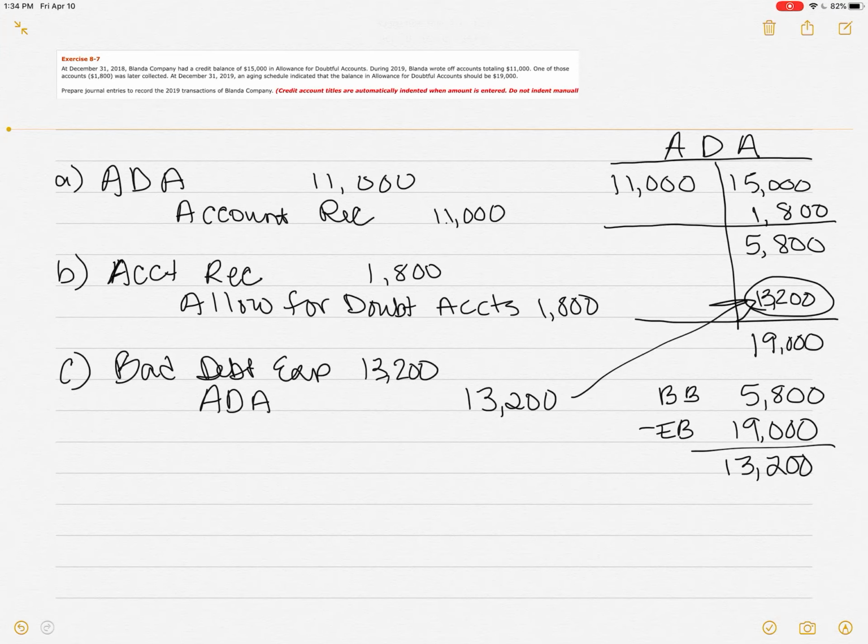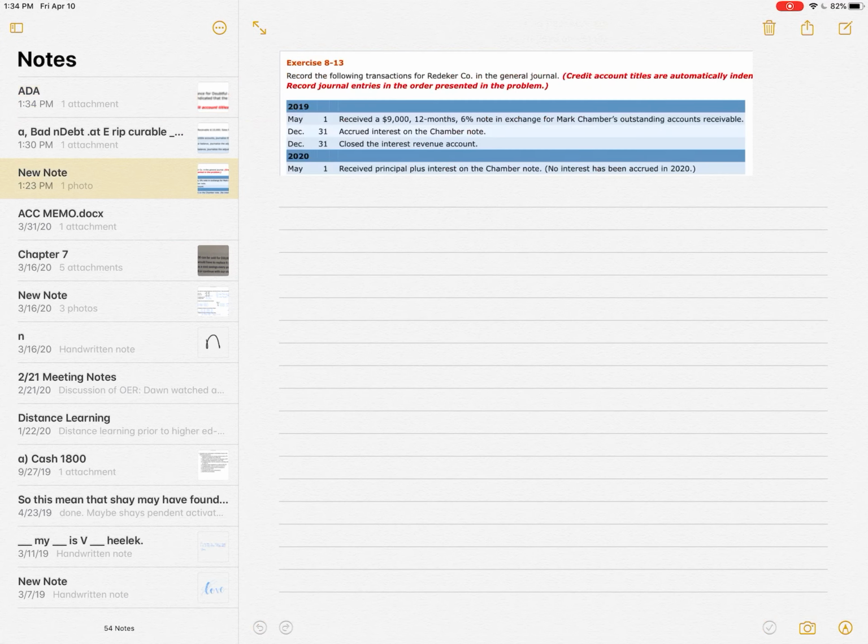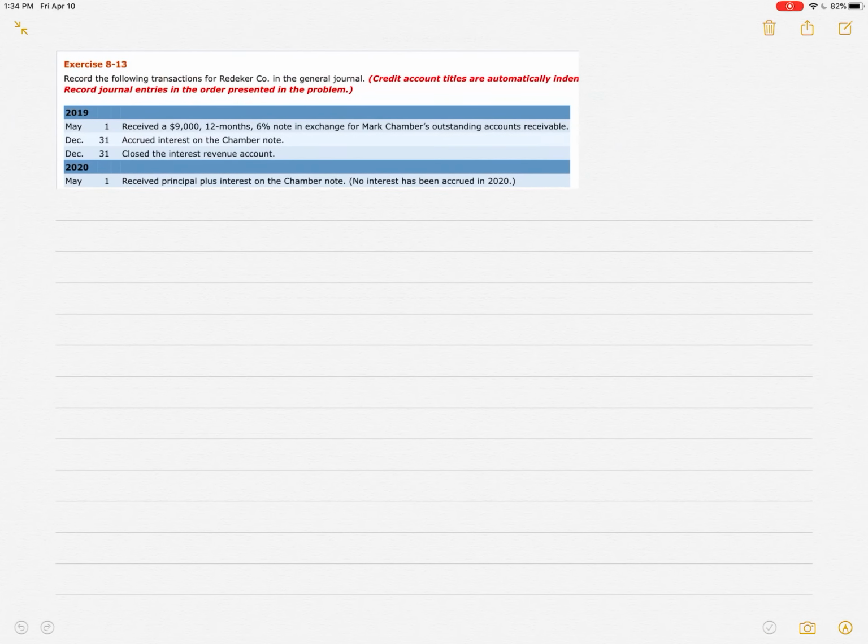And the final exercise I want to show you is looking at these notes receivable. The notes receivable in this chapter we go through, if an account receivable isn't paying us, we can set up this notes receivable and then charge them interest and have a set due date.